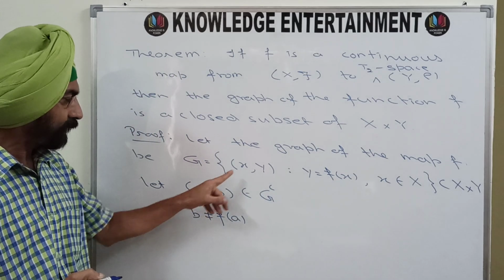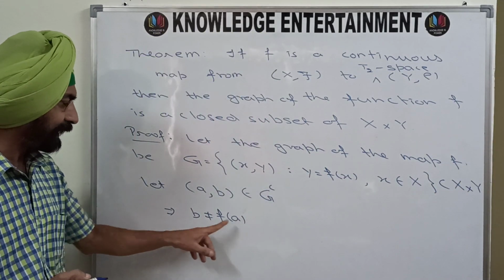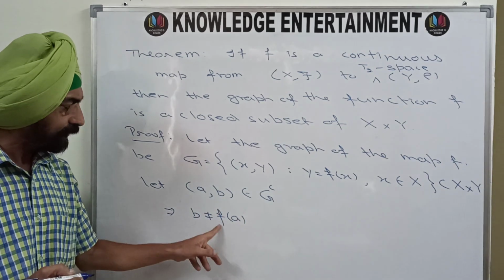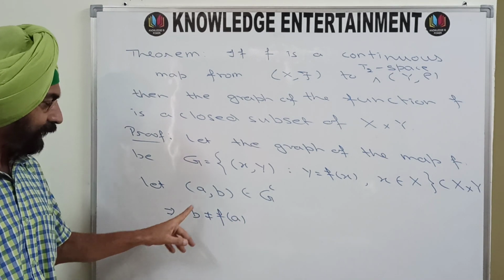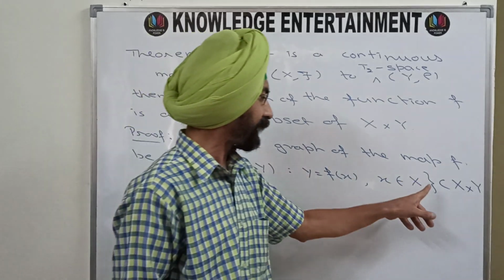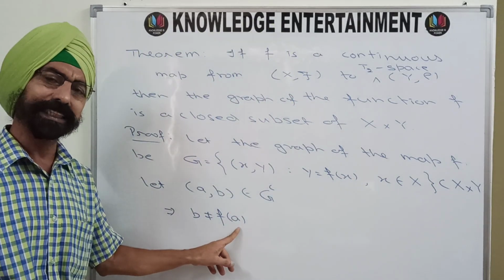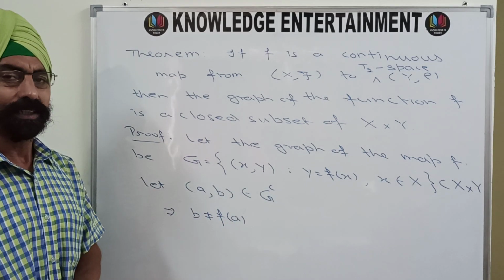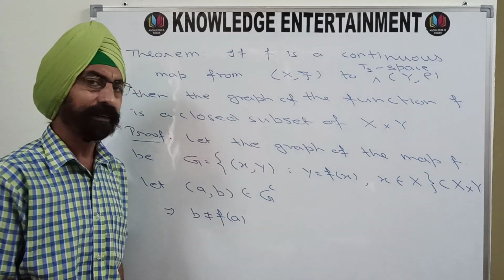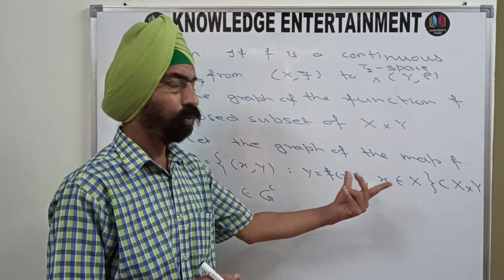Here a, the first member, is coming from the set X, so f(a) will be an element of Y. And b, the second one, is directly coming from Y. So both are elements of Y, and they are distinct elements. So b and f(a) are two distinct elements of the set Y.